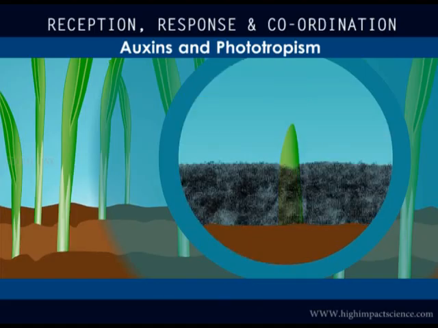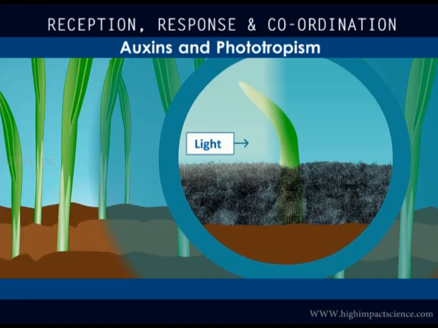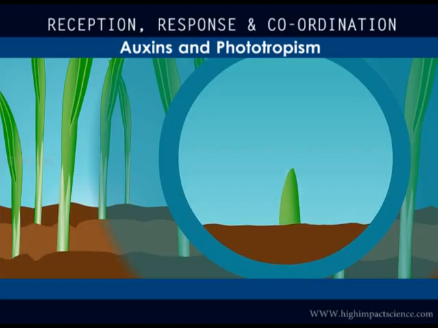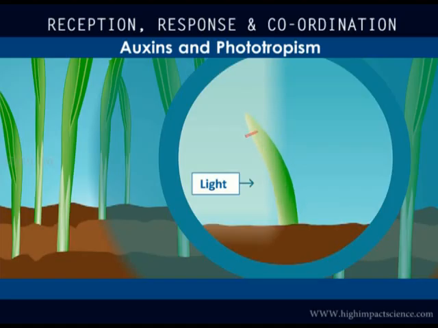When light was shone on the tip with the lower regions covered, bending occurred. This shows that only the tip needs to be stimulated. In another experiment, a thin flake of the mineral mica was used to block chemical movement. When it was inserted in the illuminated side, bending occurred normally.